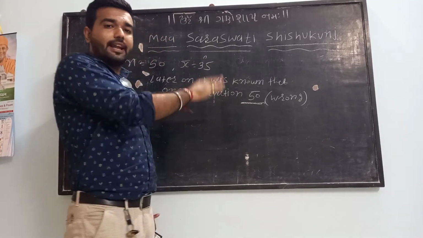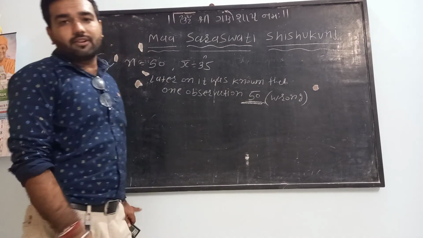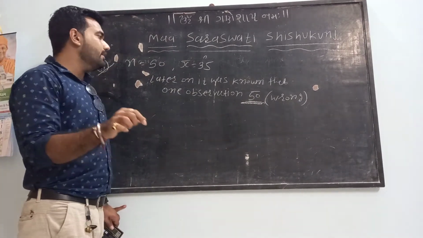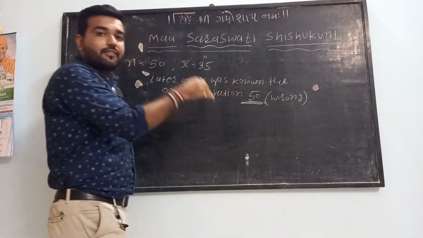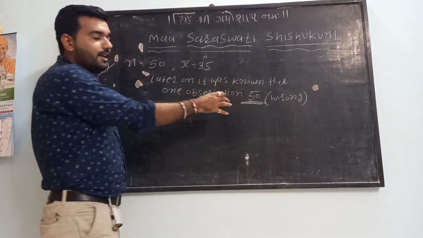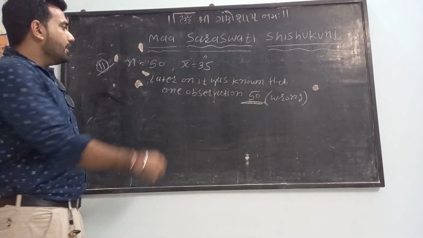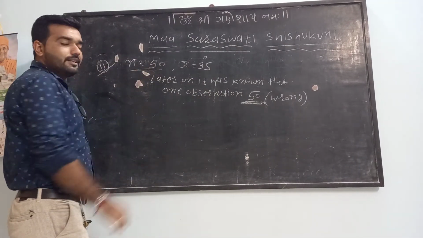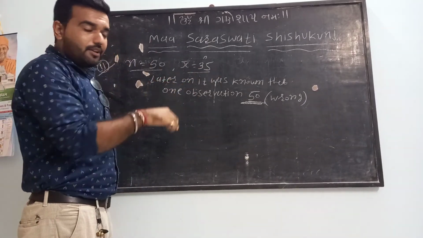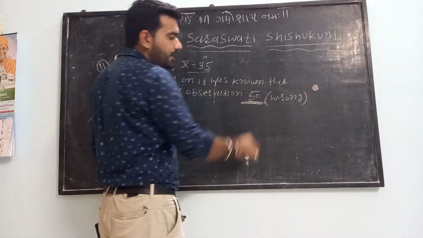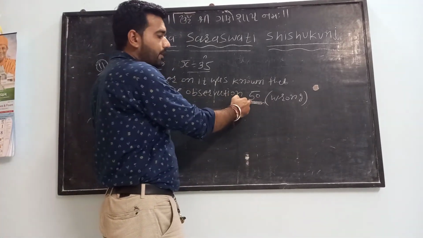So excluding the observation 50 means we remove it and find the mean for the remaining observations. The total observations given are 50 and their mean is 35.